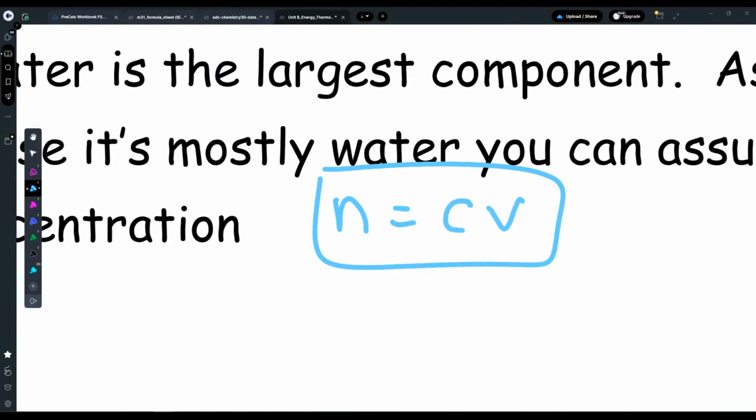As a reminder, this is a formula you would have used in Chem 20. n stands for moles, c stands for concentration, which is in moles per liter, and volume is going to be in liters.